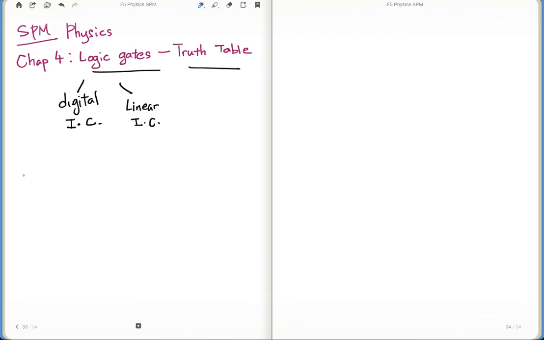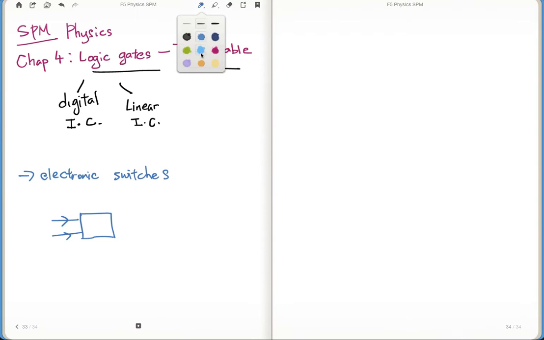As I mentioned, logic gates are actually electronic switches, where you have one or more inputs. Let's say I name them input A, input B. Your input could be either off or on.